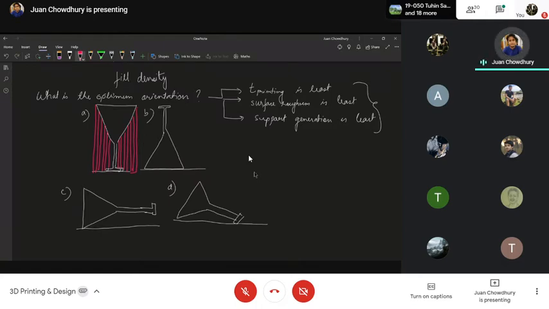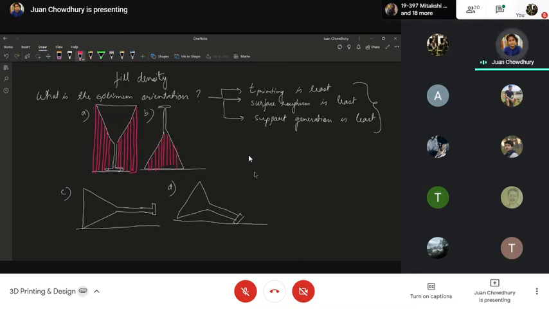Now, why do you think that this frame will not require support structures? Remember, whenever there is an element of slope, if it exceeds a particular threshold, which is roughly 35 to 45 degrees, then supports will be generated.